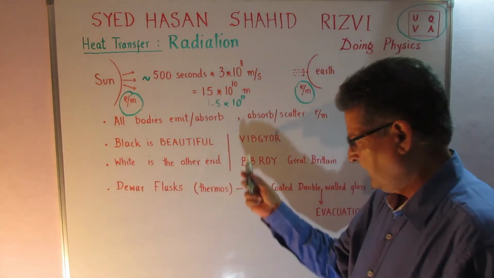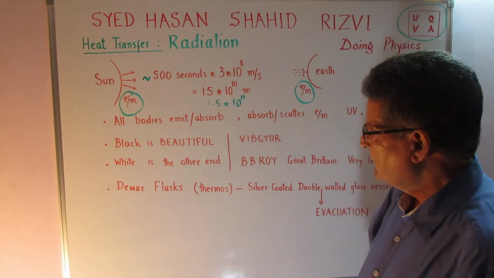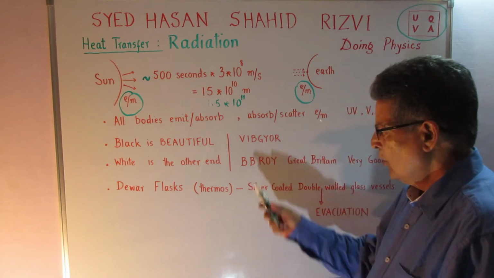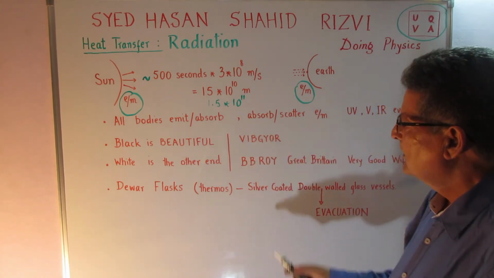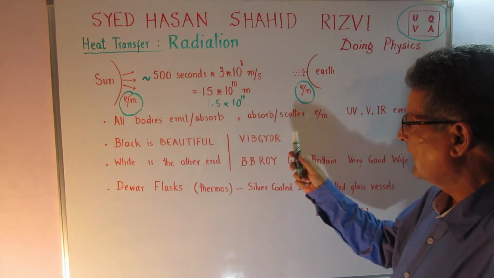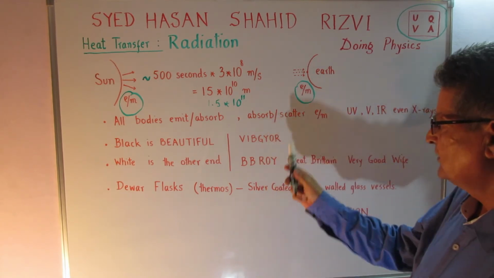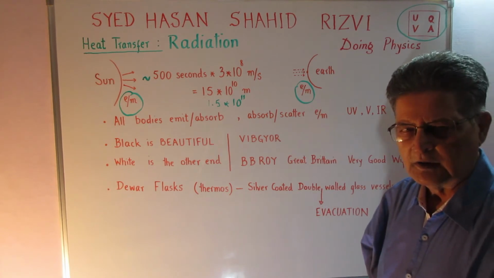White is the other end. When we look at the Vibgyor: violet, indigo, blue, green, yellow, orange, red. These are the 7 colors that can be seen in a rainbow.